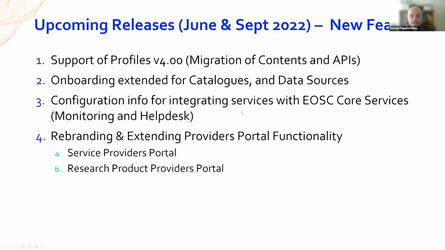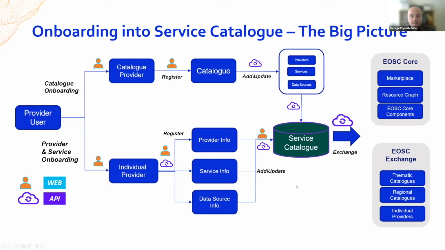So essentially, this is a slide that Paolo also showed before. What the new onboarding process will offer is for individual providers, as it is now, to onboard providers, services, or data sources, and this will be available via web or the API.